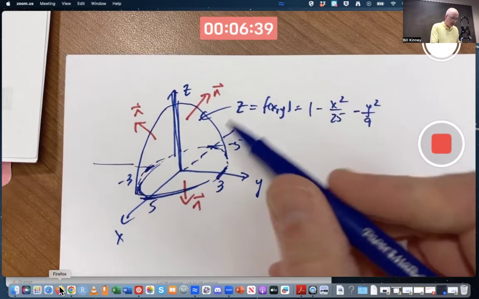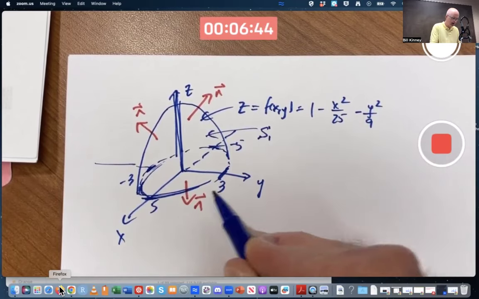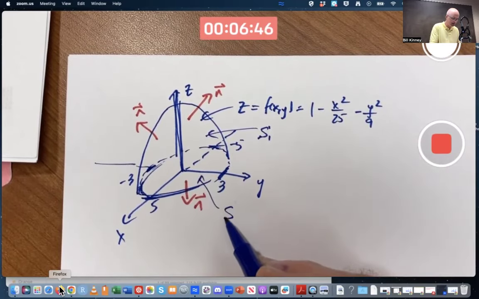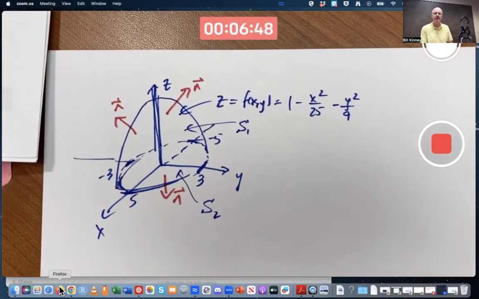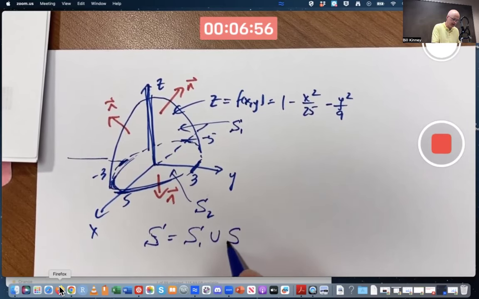We can call the upper part of the surface S1, if we like, and the bottom part of the surface S2. The entire surface, in a sense, is the union of S1 and S2. You could write this kind of thing if you like.